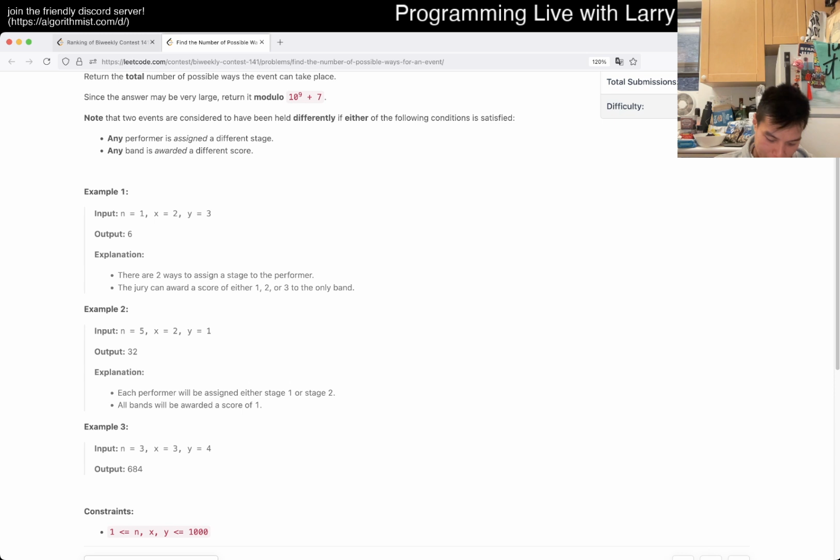So then it's 3n minus 3 times n choose 3 because you select 3 people to select.